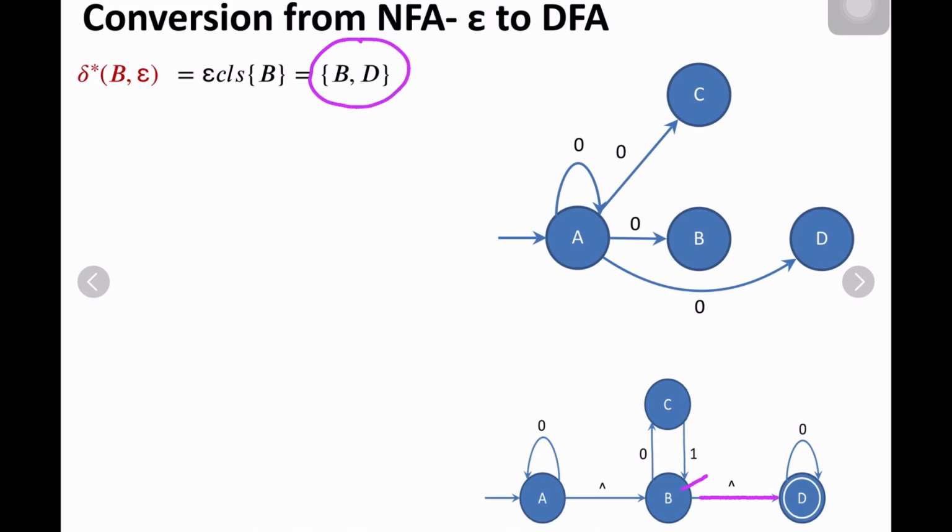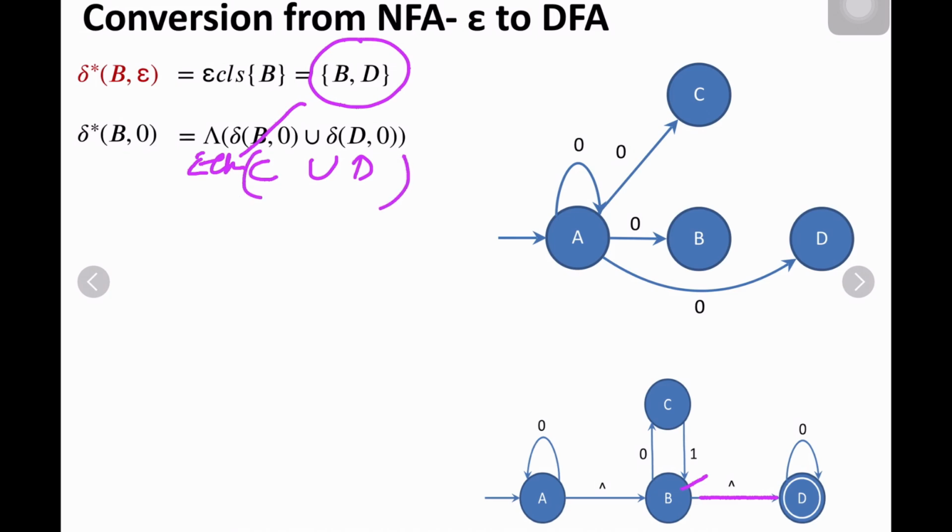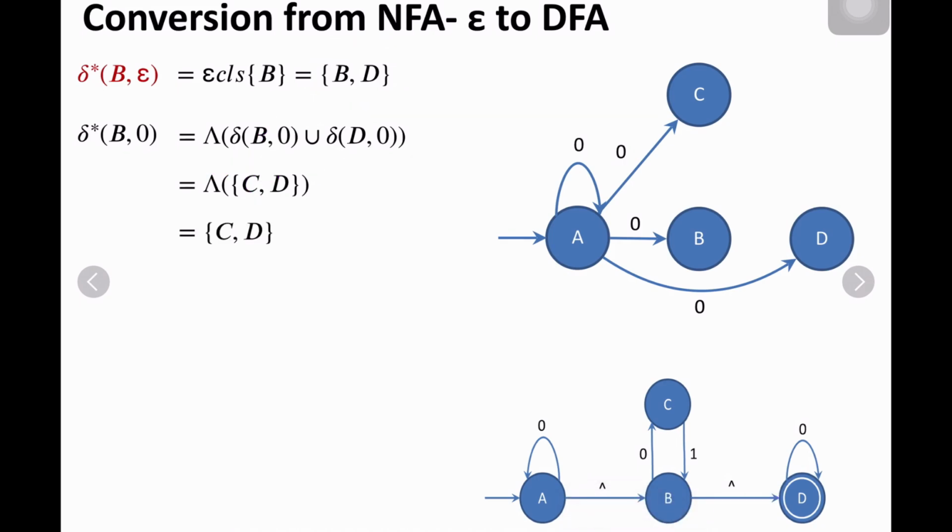So B on 0 is E-closure of B comma 0 union D comma 0. B comma 0 is C, and D comma 0 is D. Then E-closure of C is C and of D is D, so you will get only CD. E-closure of CD is CD.